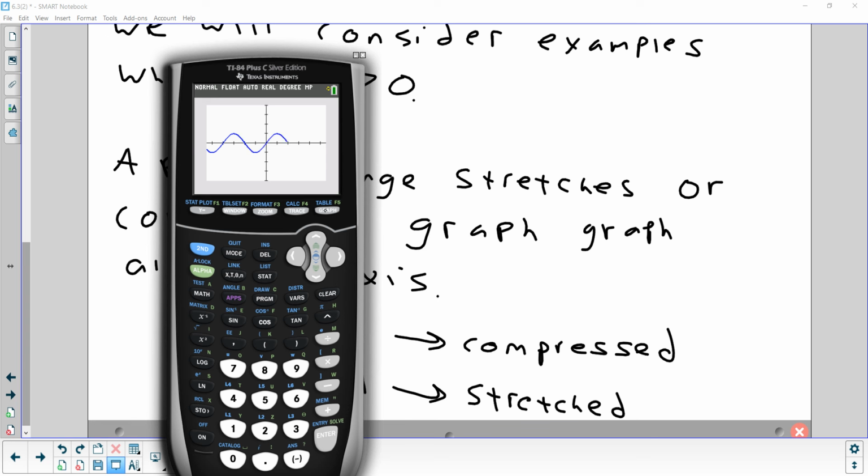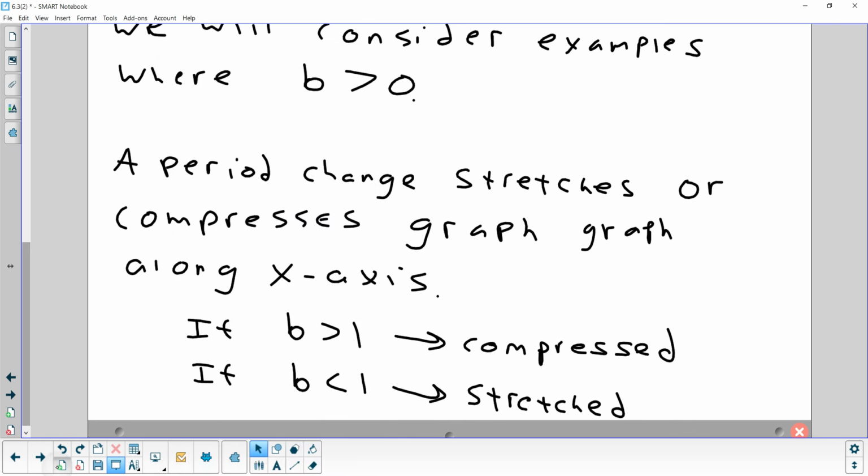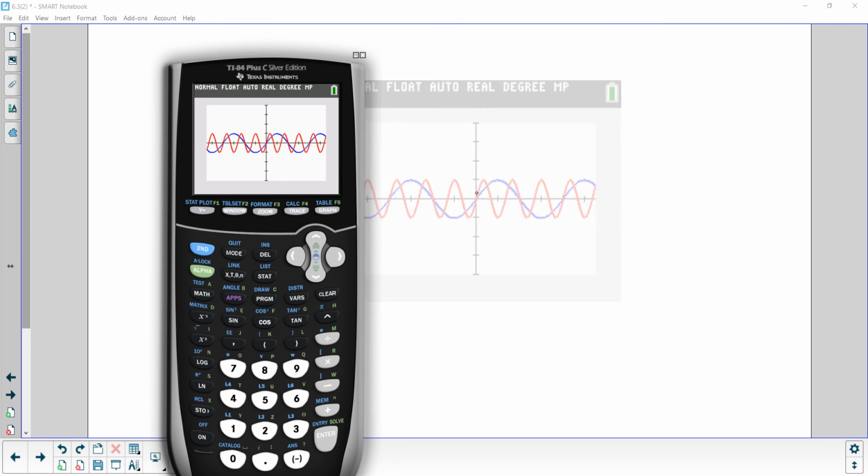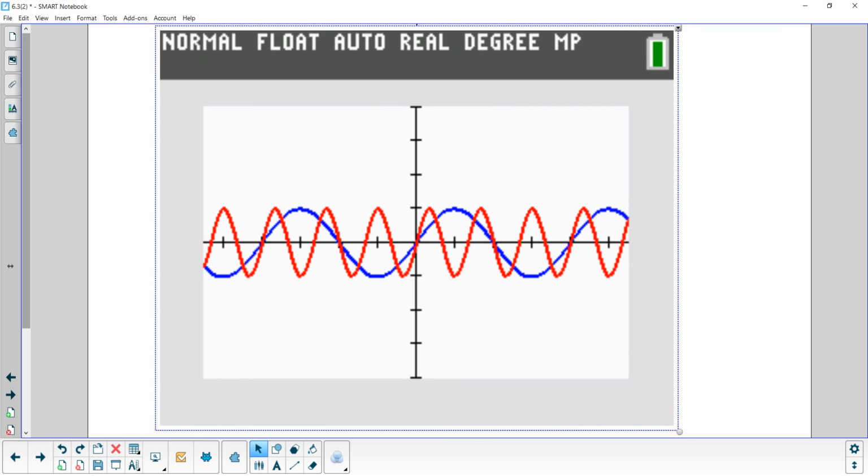So when we look at sine 3x, you're going to notice that it's going to oscillate faster. Particularly, it's going to oscillate 3 times as fast because it's compressed by a factor of 3.